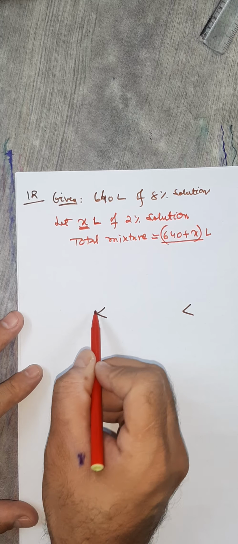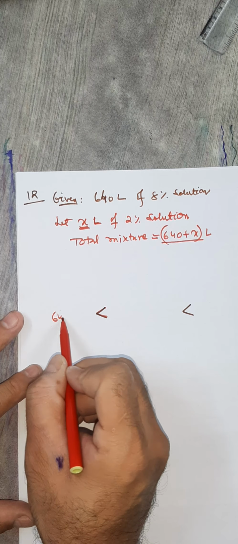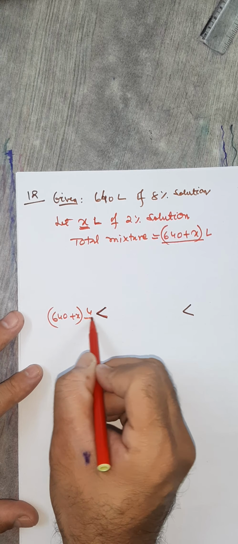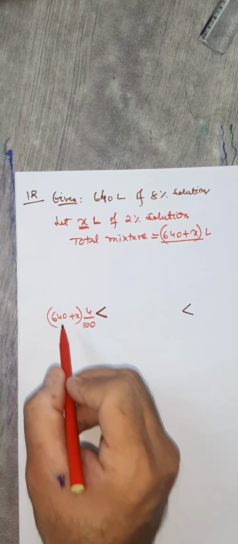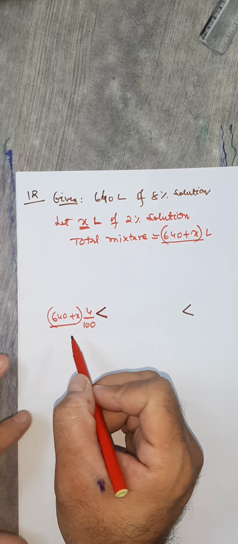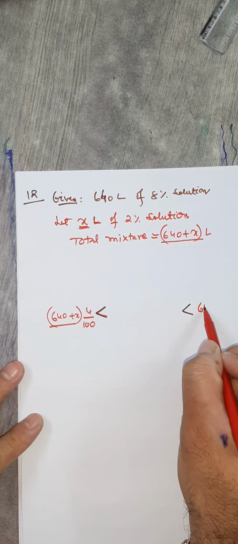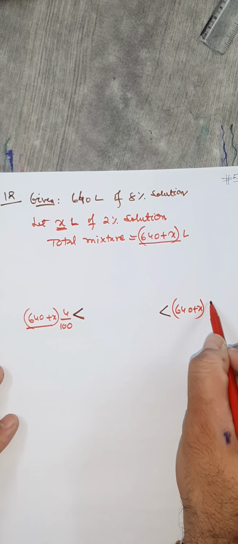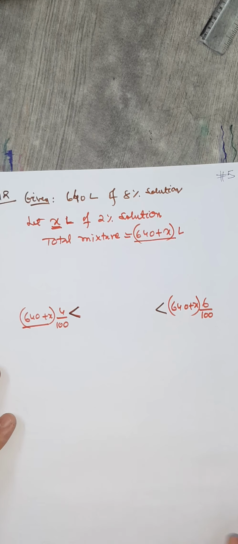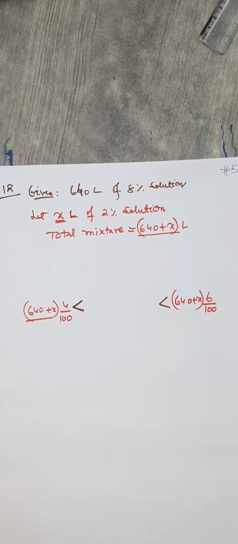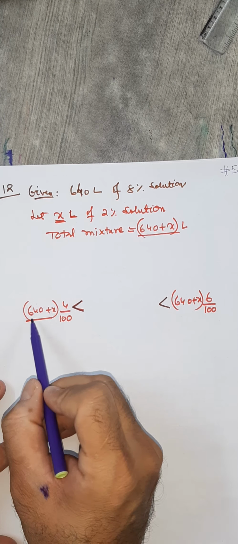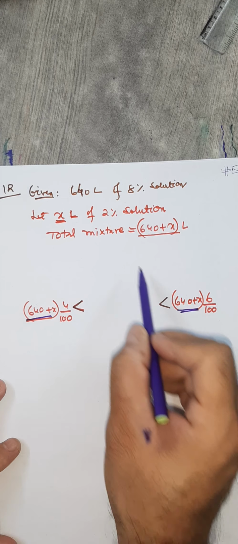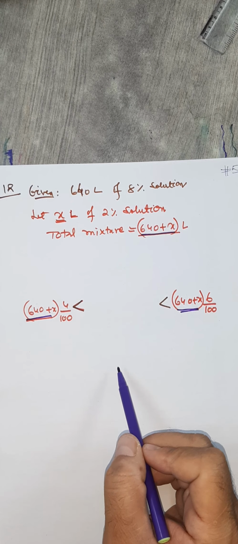So here more than 4 by 100 of 640 plus x, and 6% of 640 plus x. 4% and 6% of what? This mixture, 640 plus x liters.